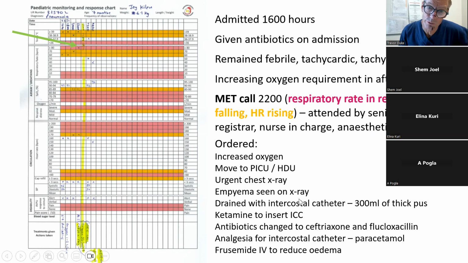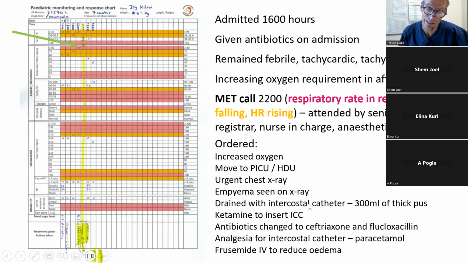And that showed that there was an empyema on her chest X-ray. And clearly the empyema was the reason why her fever remained very high, her heart rate was going up, her oxygen saturation was going down, and her oxygen requirement was going up.